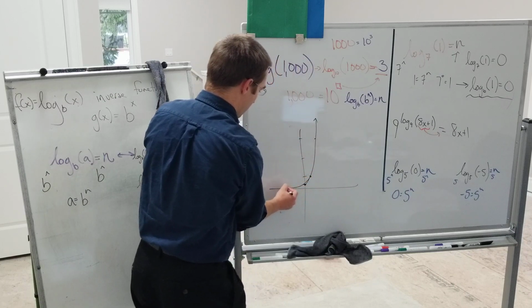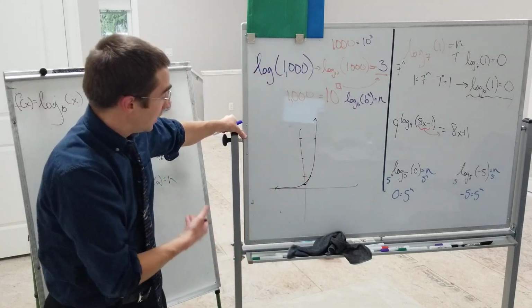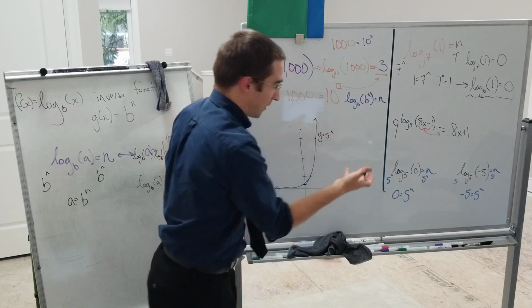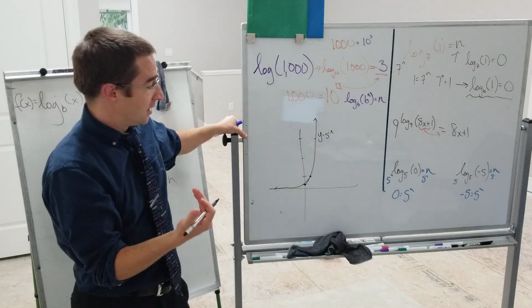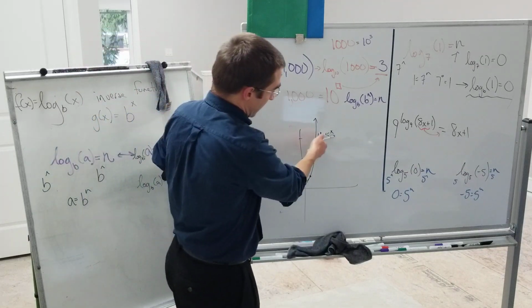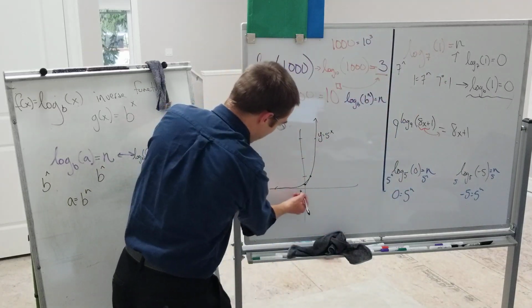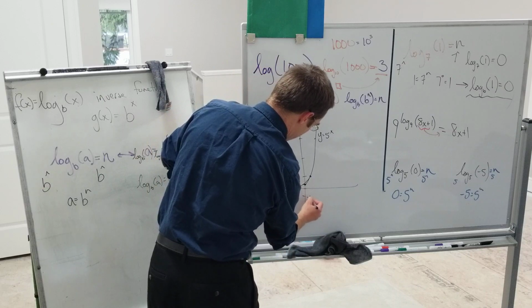And then as we go to the left, we get this asymptote at y equals 0. In other words, y equals 5 to the x, or 5 to the n, whatever, is always going to have a positive answer. In other words, there's no number I can put in the exponent here to get 0 or a negative number, right? This graph is never going to hit 0, because that's our asymptote, and it's never going to go down here to negative 5.